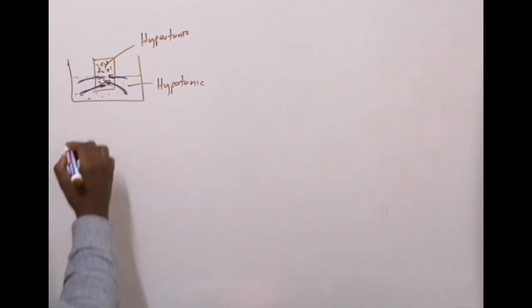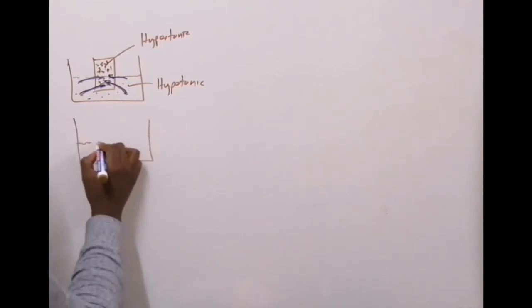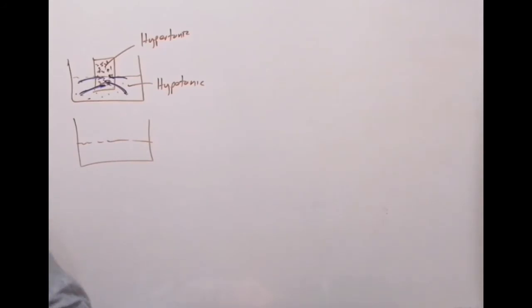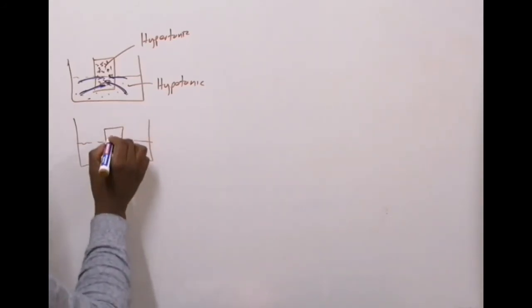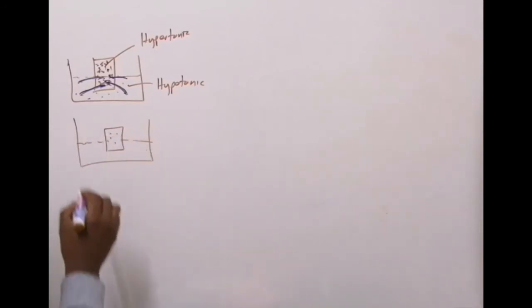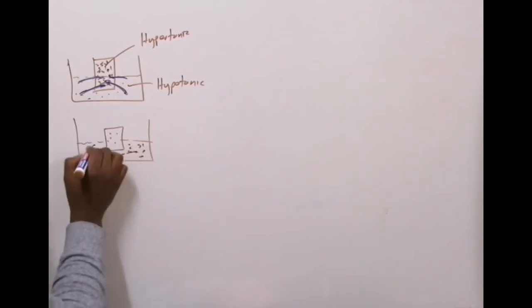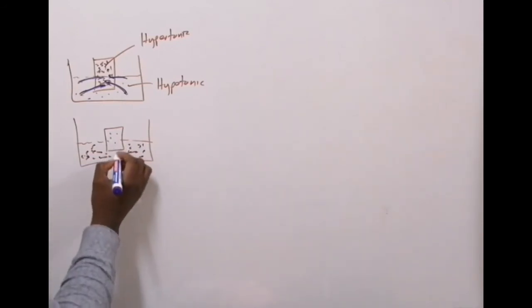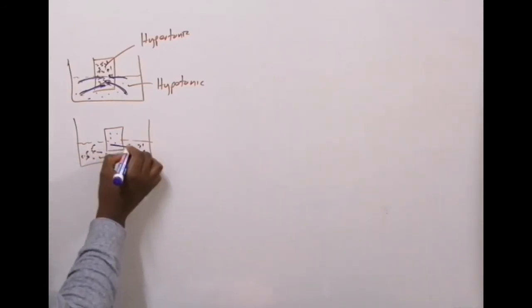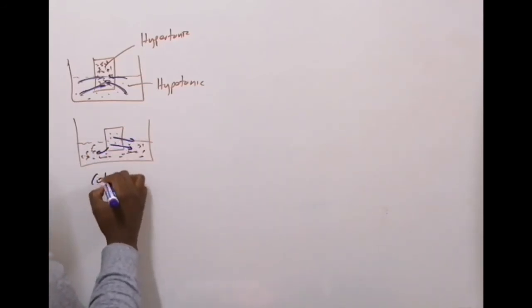The opposite is also true. If we put the same bucket of water and then we put in a cell inside there, but the cell that we put this time is hypotonic and the water around it is hypertonic, what is going to happen is that water is going to start to move out of this cell. This cell will collapse.